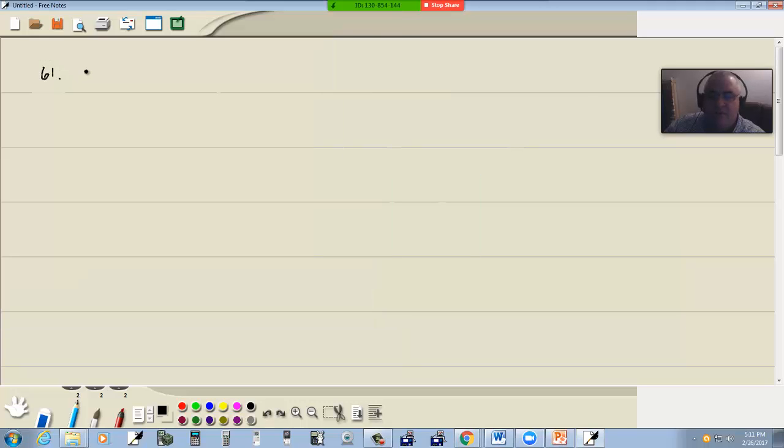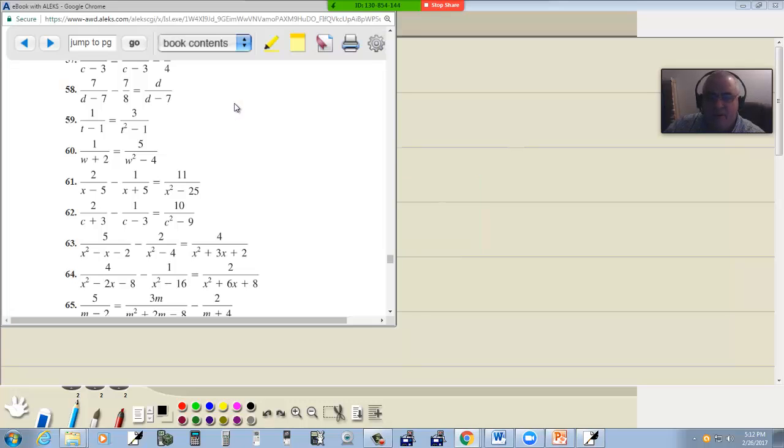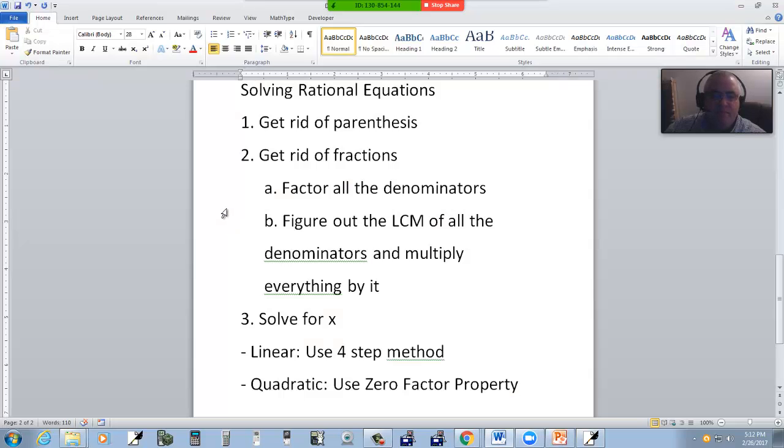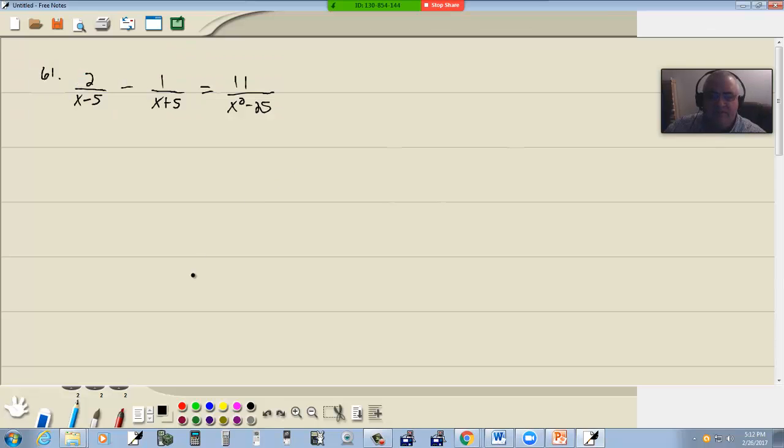We got 2 over x minus 5 minus 1 over x plus 5 equals 11 over x squared minus 25. Step 1, get rid of parentheses. Don't have any. Step 2, get rid of fractions.